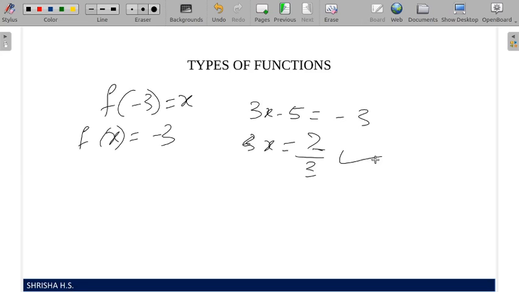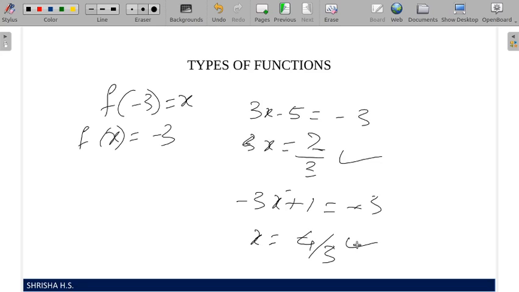This should be a correct answer, not a problem here. Okay, so minus 3x plus 1 equal to minus 3, x equal to minus 4 by minus 3, that will be 4 by 3.